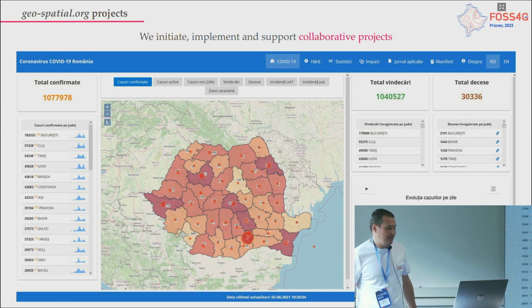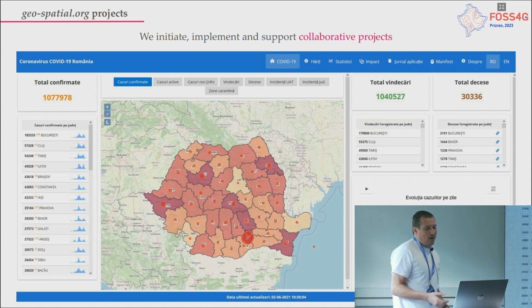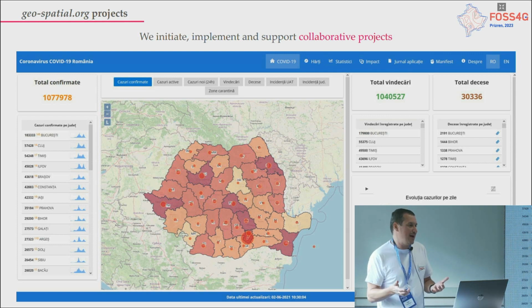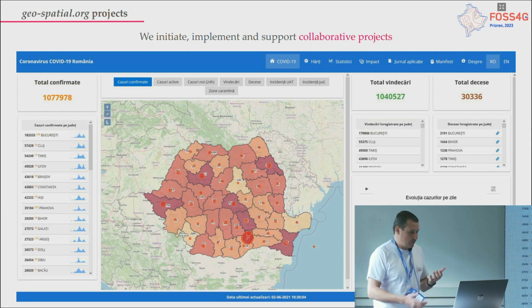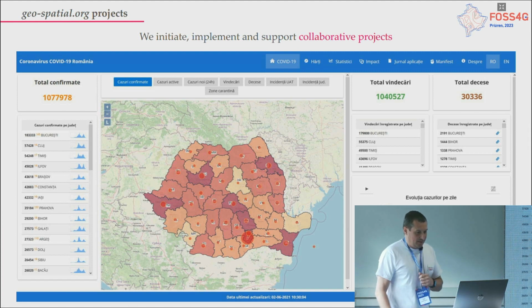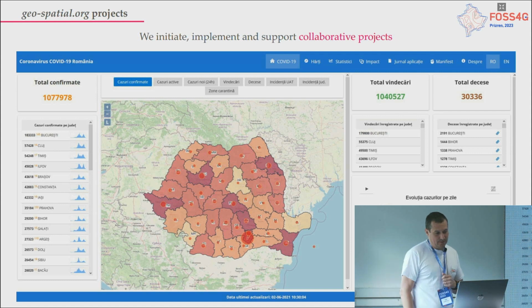That's another idea we did, and that's the one that got the most traffic we ever had. So COVID arrived in the world, and after the first 12 cases in Romania, I said maybe we could put it on a map because COVID was a thing, and we created a platform, Covid19 geospatial.org, and then we saw what it can mean when you have 60,000 people in real time accessing your website.